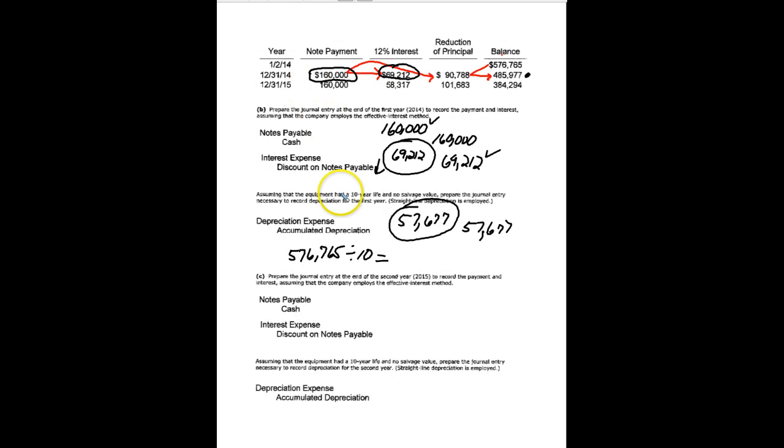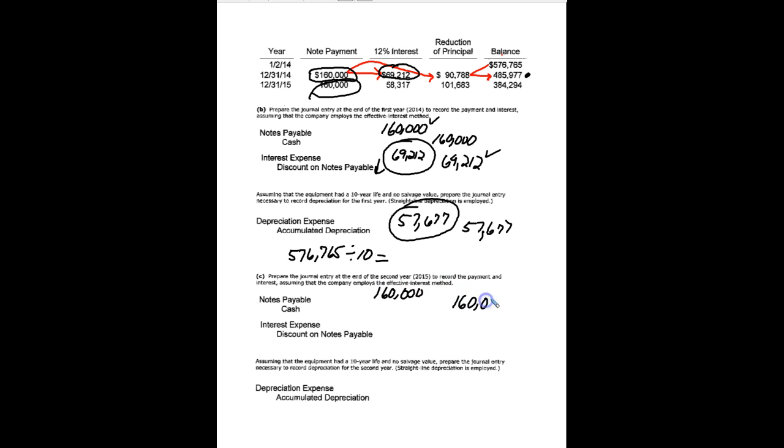We can go back and do 2015. And we've got this chart. So $485,977 at 12% is the $58,317. Subtract it from our cash payment to get our principal payment. So we can record now this $160,000 as our cash payment.